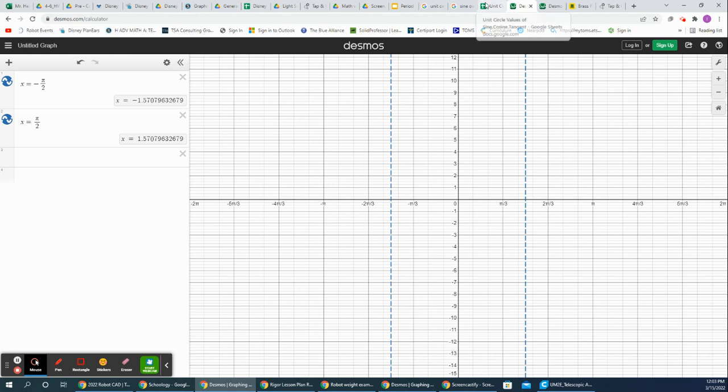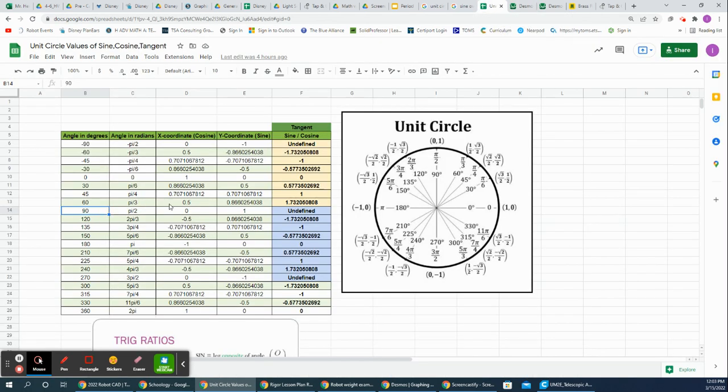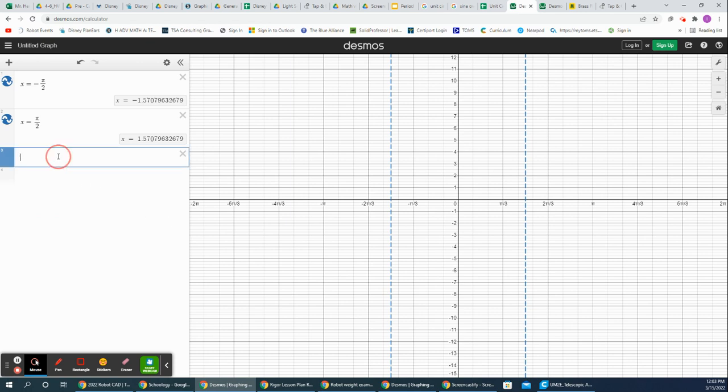Okay, so we have negative pi over 2 undefined, pi over 2 undefined, and then 3 pi over 2 undefined, at least here in our table. So let's go to 3 pi over 2. So x equals 3 pi over 2.